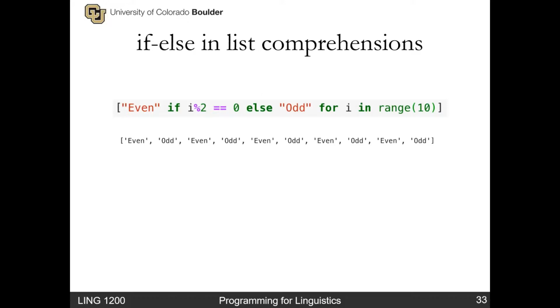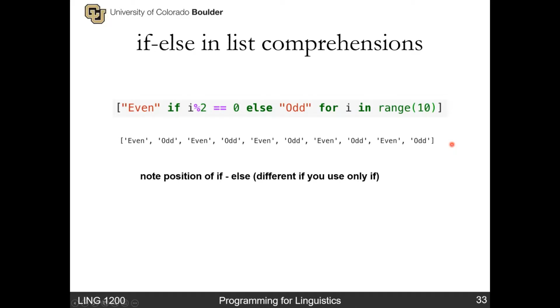And in this case, what we're doing is we are saying leave behind the string even in my list if I modulo 2 is 0, so if I is even, leave behind even, else leave behind odd, and that's for each I in a range of numbers from 0 to 9. So as it loops over the range of numbers from 0 to 9, leave behind even in my list if the number is even, and odd if it's odd. And this is what we get out of that.